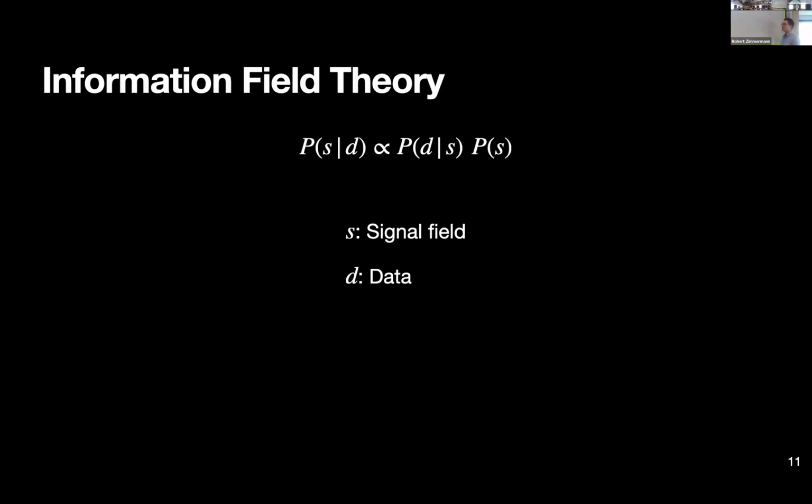And then Bayes' theorem nicely gives us that we can represent the posterior distribution, so the probability of the signal given the data we measure, through the likelihood, which is the probability of the data given our signal, and the prior, which is just the probability of our signal and the prior knowledge that we put into it.